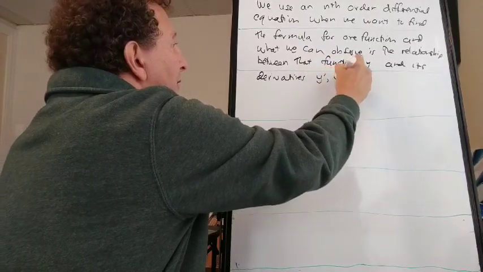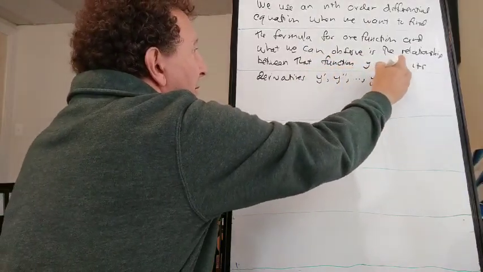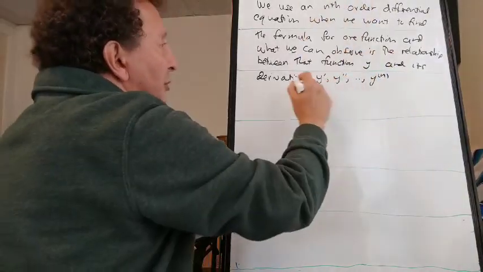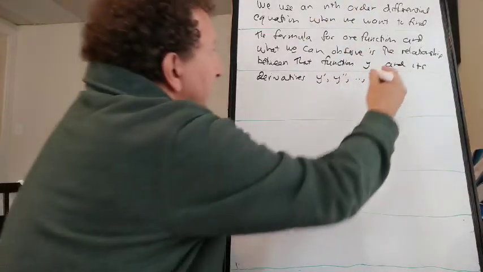Say y prime, y double prime, up to, say, the nth derivative. If this is an nth order differential equation, then we can see up to the nth derivative.